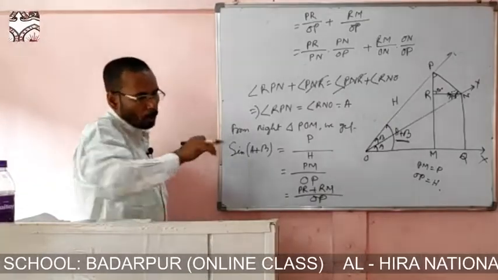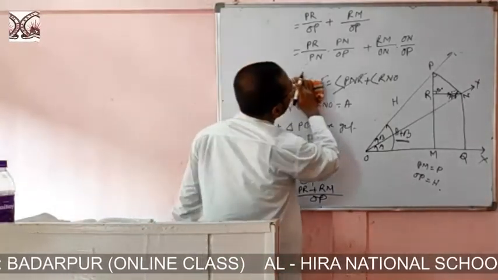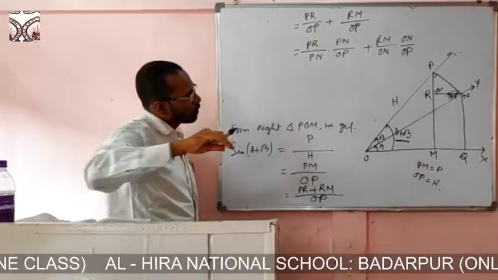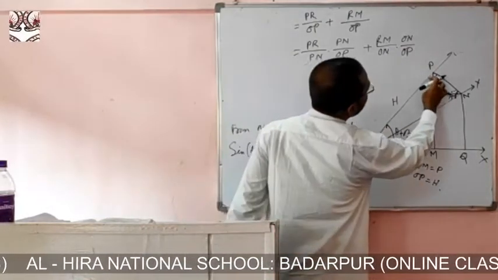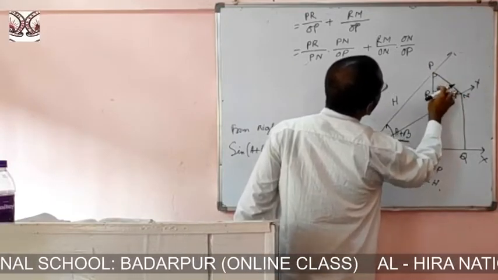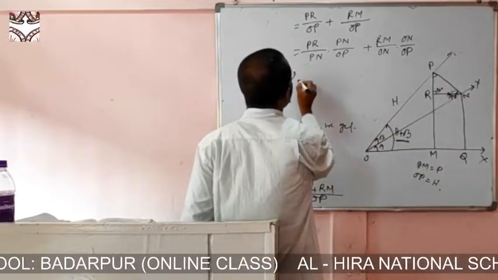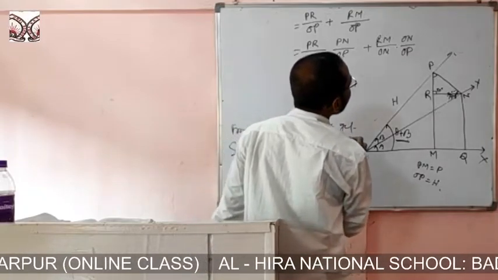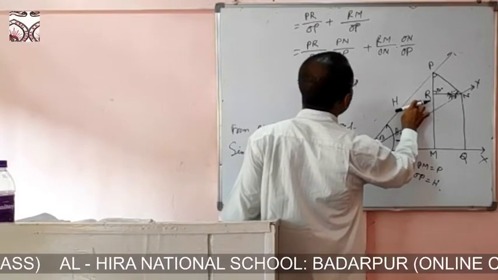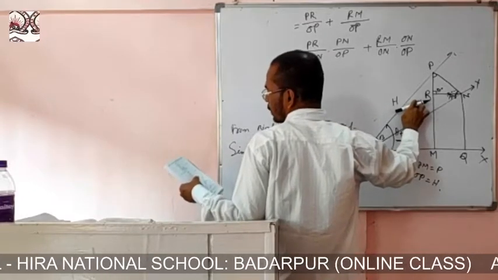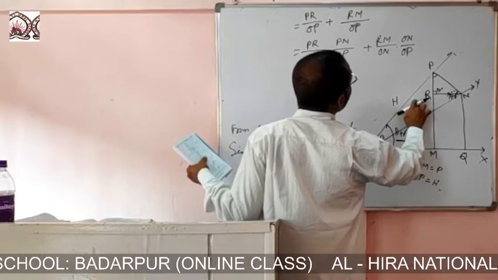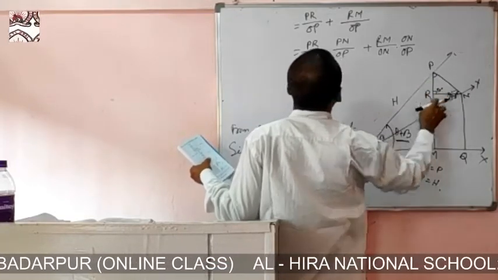Now you see this PR by PN. PR is base and PN is hypotenuse.